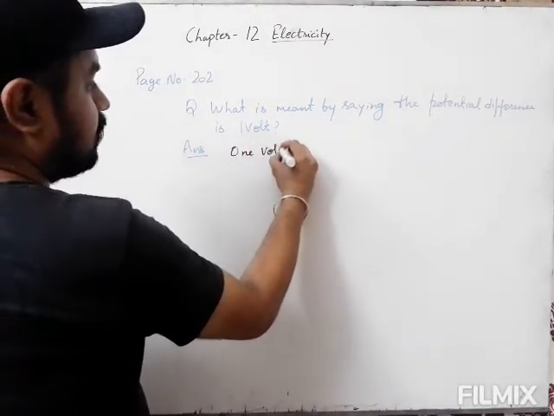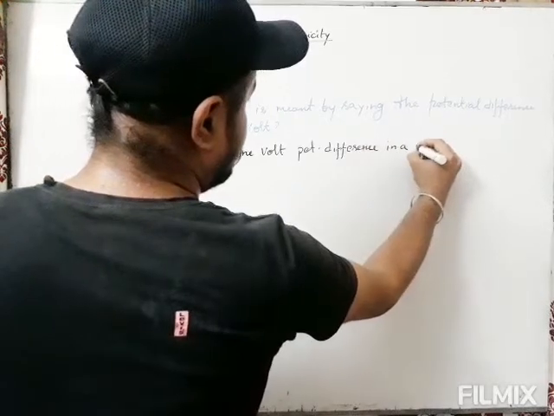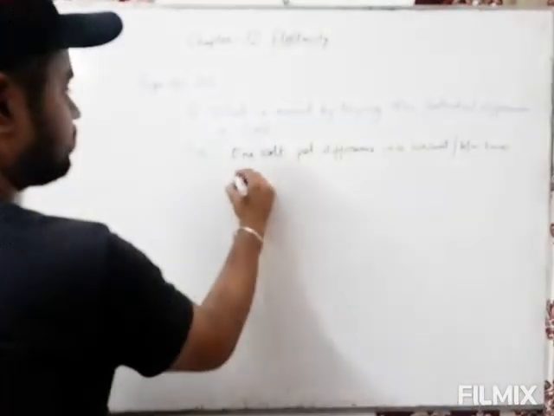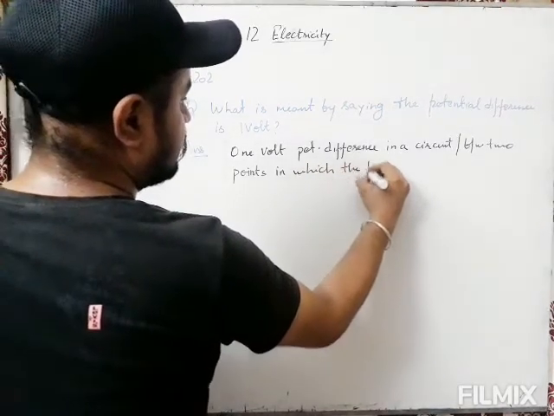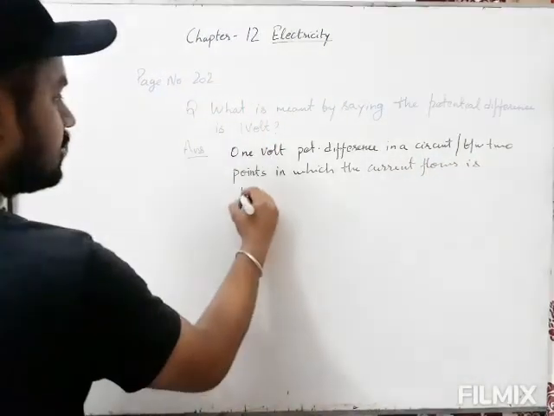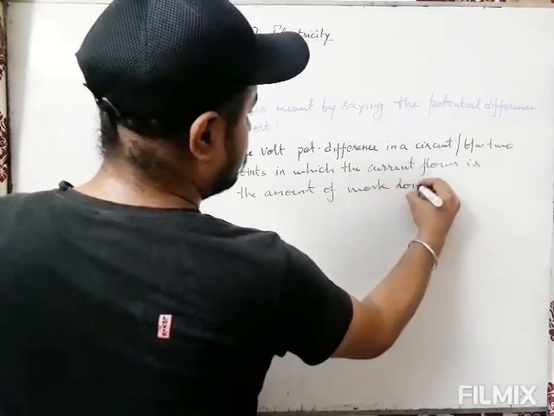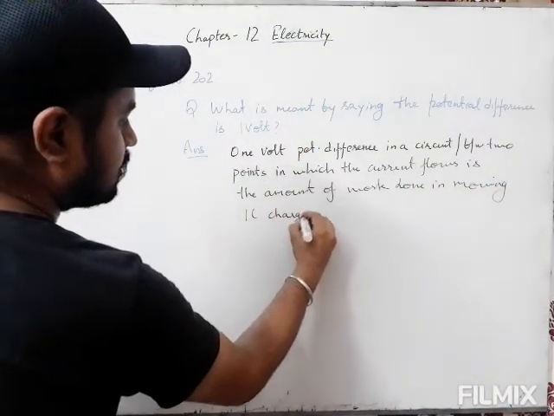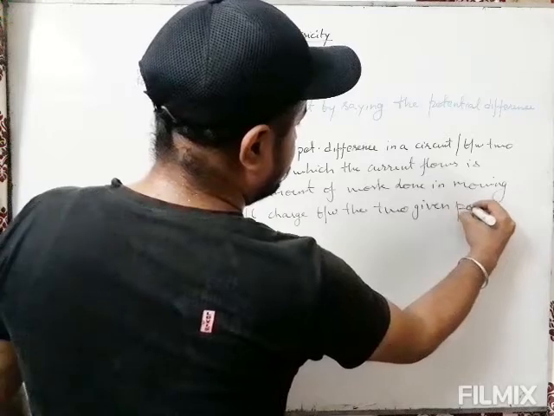So 1 volt potential difference in a circuit or between 2 points in which the current flows is the amount of work done in moving 1 coulomb of charge between the two given points.